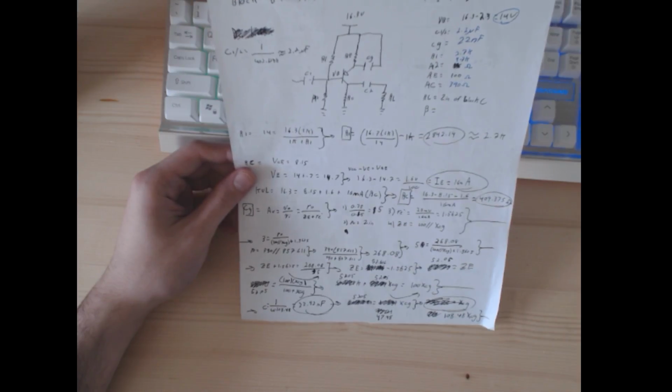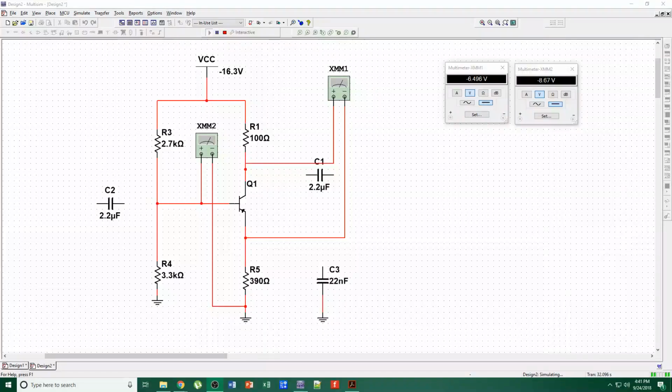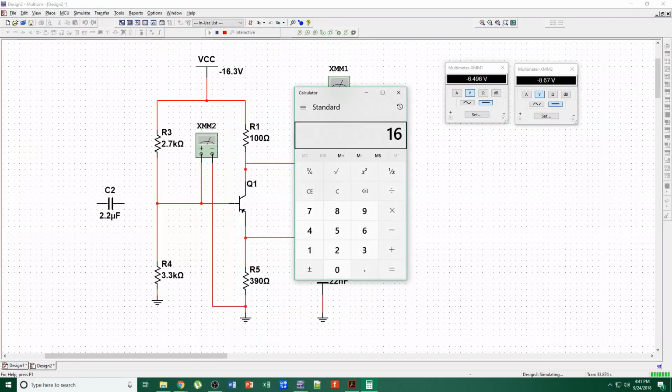16.3 times 1,000 divided by 14 minus 1,000. 16.3 times 3.3 times 1,000 divided by 14 minus 1,000, 164. Okay, my numbers are wrong, from what I can tell.